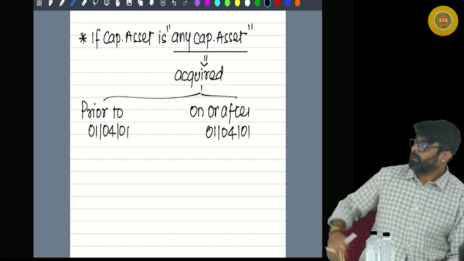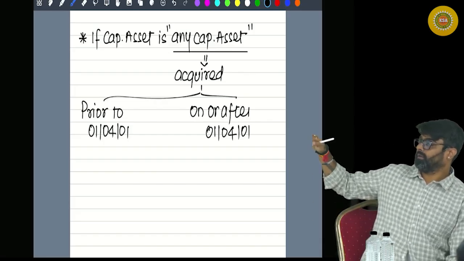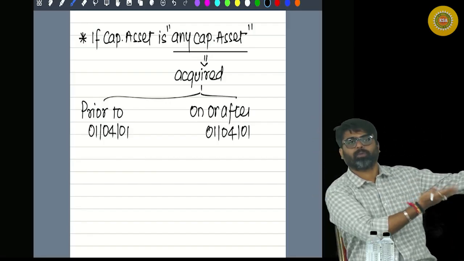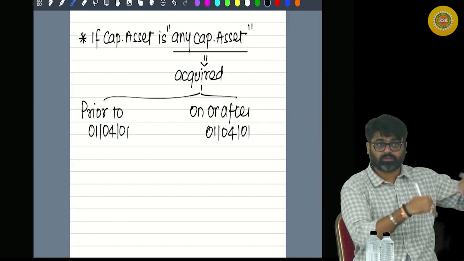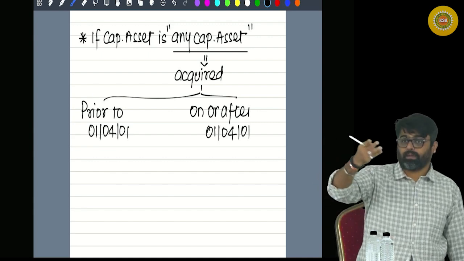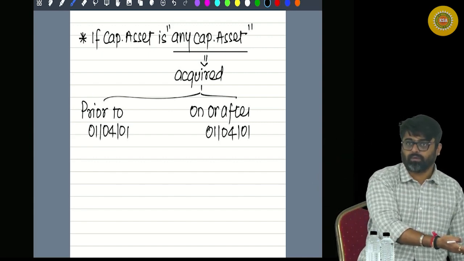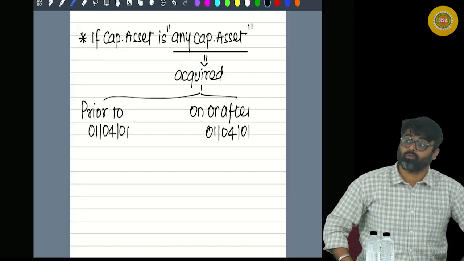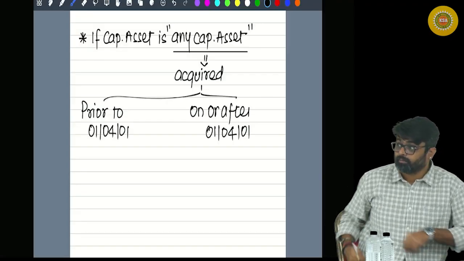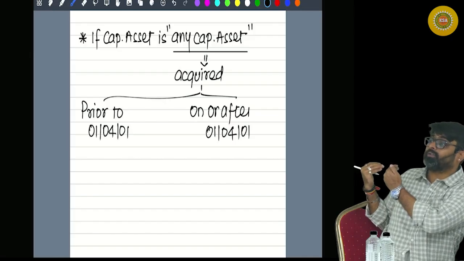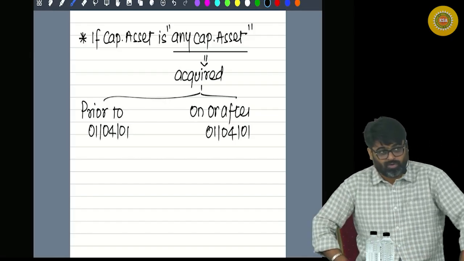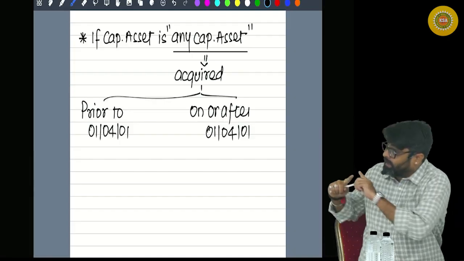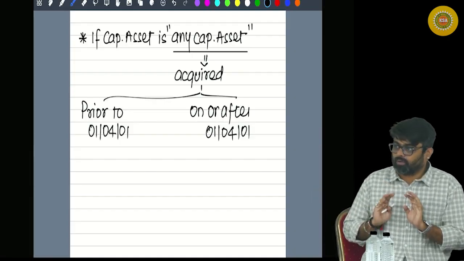This type of capital asset is transferred right now. You are transferring a capital asset right now. But first of all, ask yourself, when did you acquire that asset? If you acquired that asset in 2009-10, meaning on or after 1st April 2001. If you acquired the capital asset in 91-92, meaning prior to 1st April 2001.